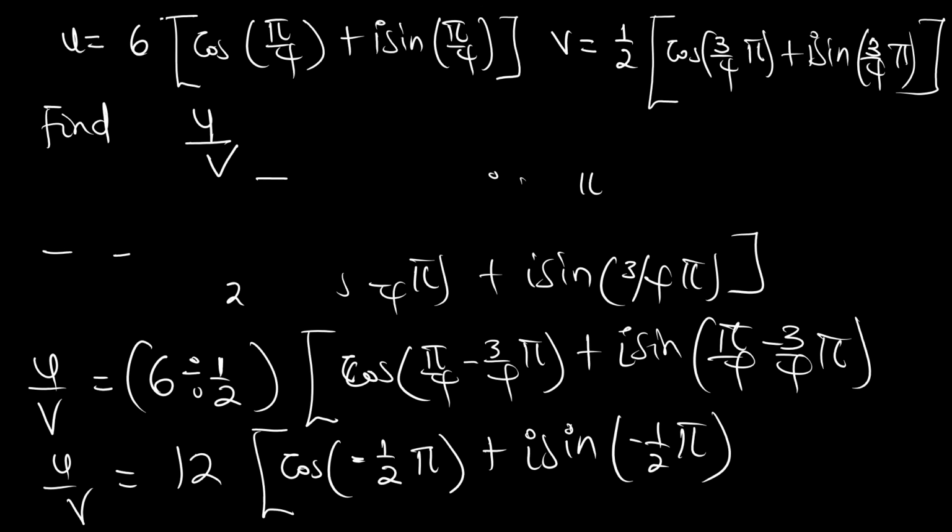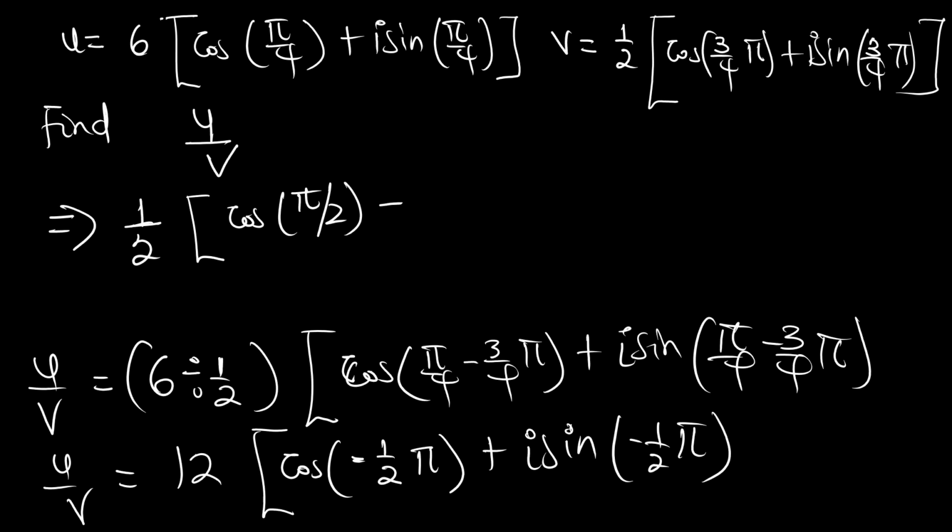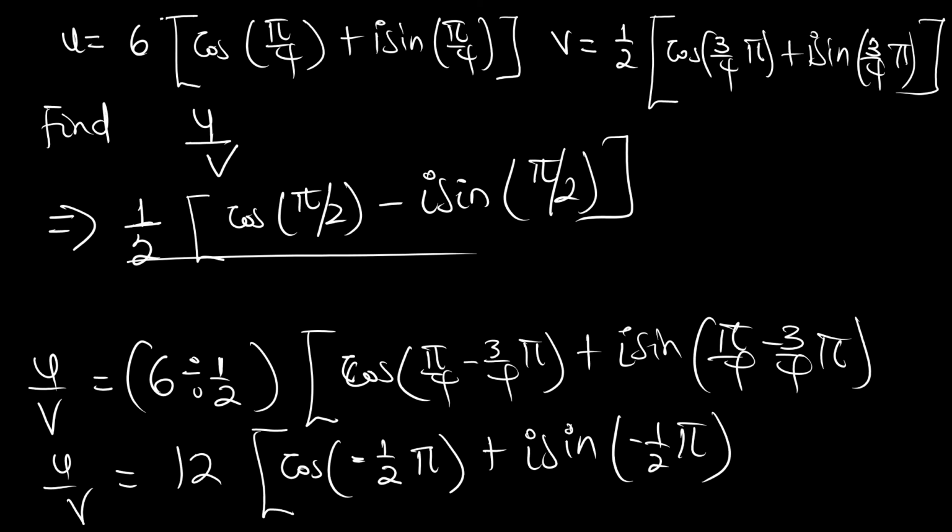Let me continue here. So since cos negative theta is equal to cos theta, here we are going to have 12 multiplying cos positive pi over 2 minus I sine positive pi over 2 as our final answer.